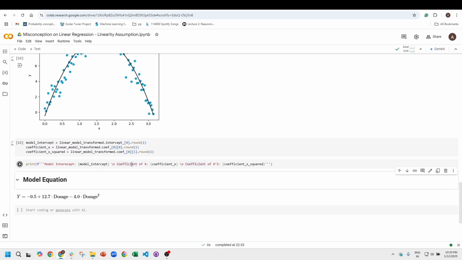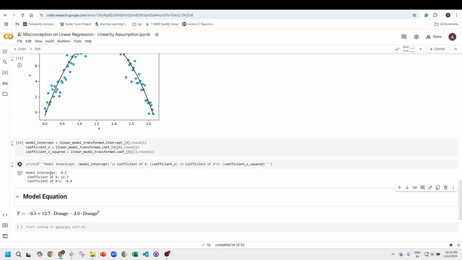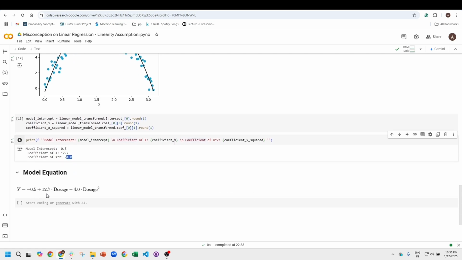So the full equation of this model is y is equal to minus 0.5 plus 12.7 into dosage minus 4.0 into dosage square. We can clearly see that the model is not really linear in dosage, but it is still a linear regression model.